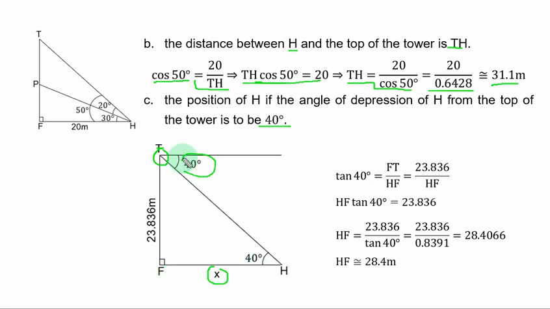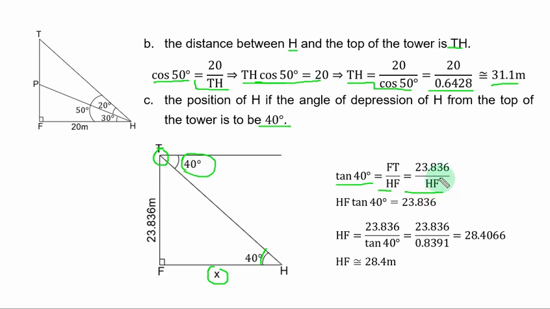Now, angle of depression is always equal to angle of elevation. So you have 40 degrees. So tan 40 degrees is equal to opposite FT over adjacent HF, and you have it in this form.